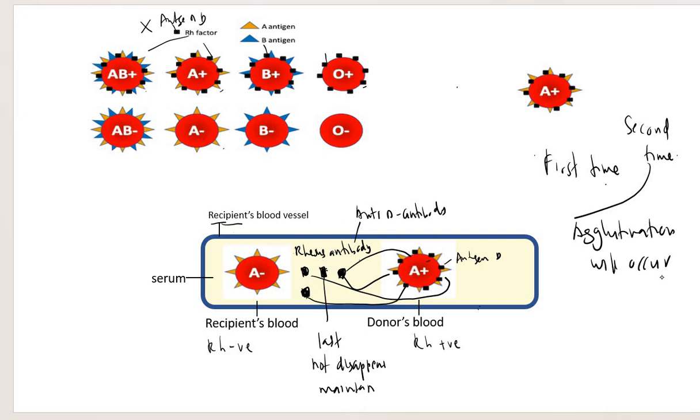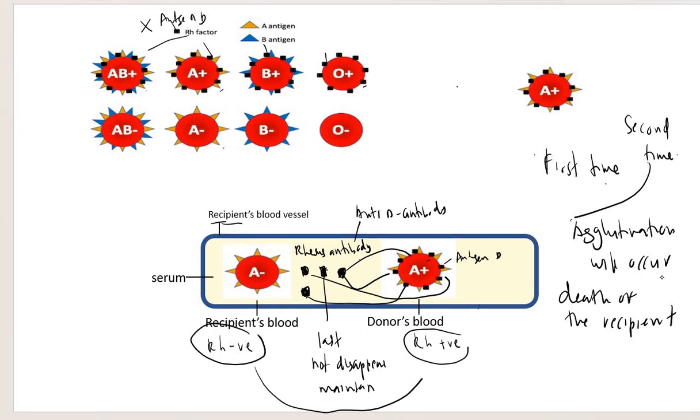This can result in the death of the recipient. So the effect will come out the second time, when the Rh negative person receives blood from the Rh positive donor. This only occurs for the Rh negative recipient that receives Rh positive blood.